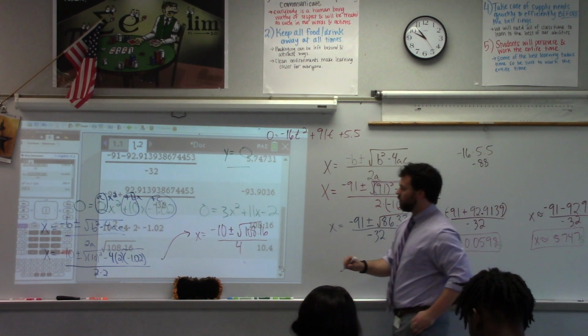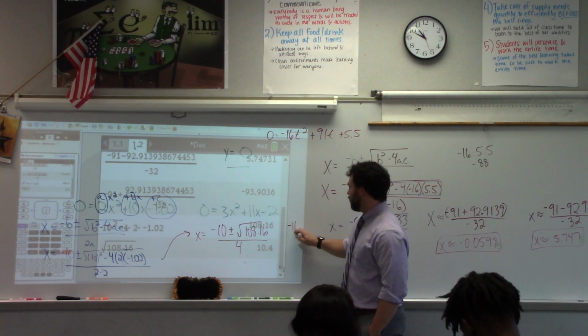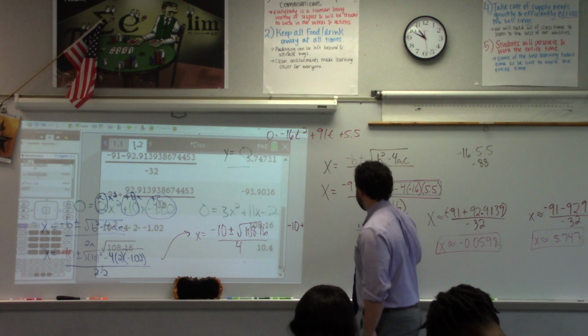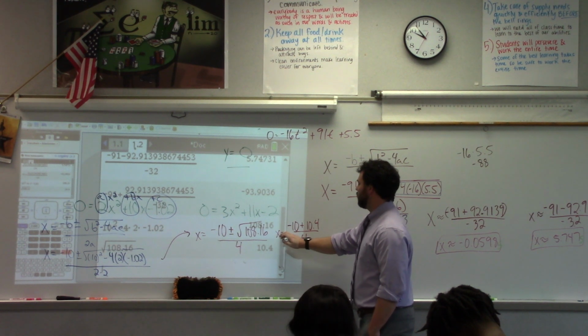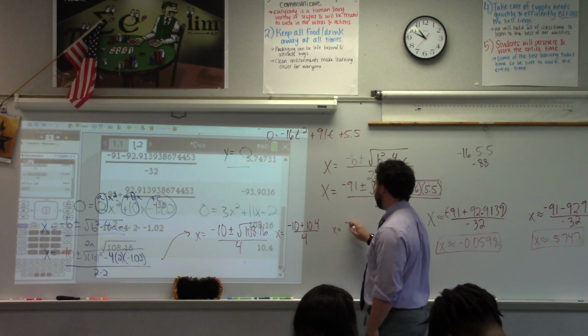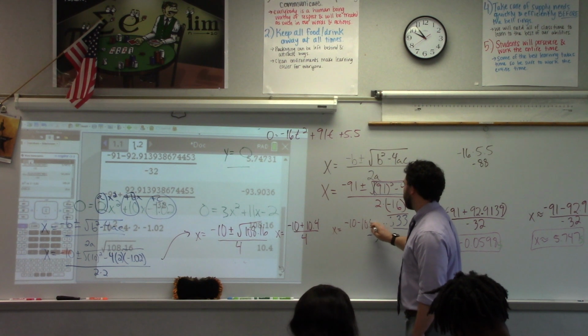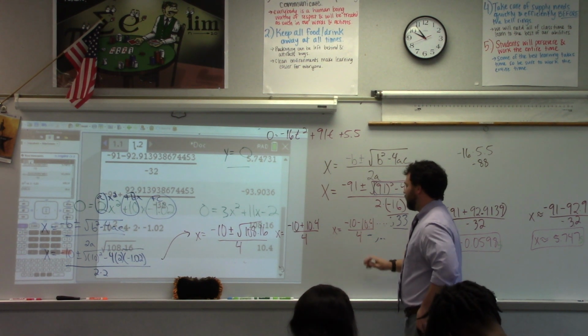And so remember, I'm going to split this up into two equations here. 10.4 divided by 4 and negative 10 minus 10.4 divided by 4.